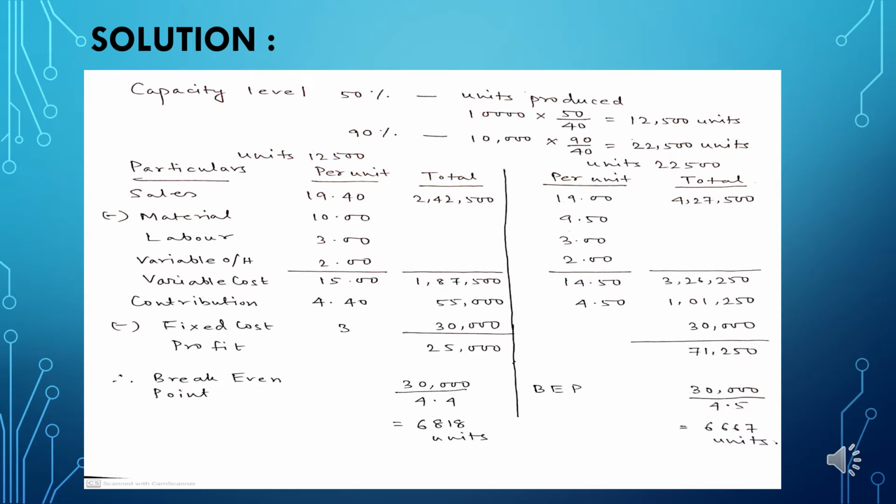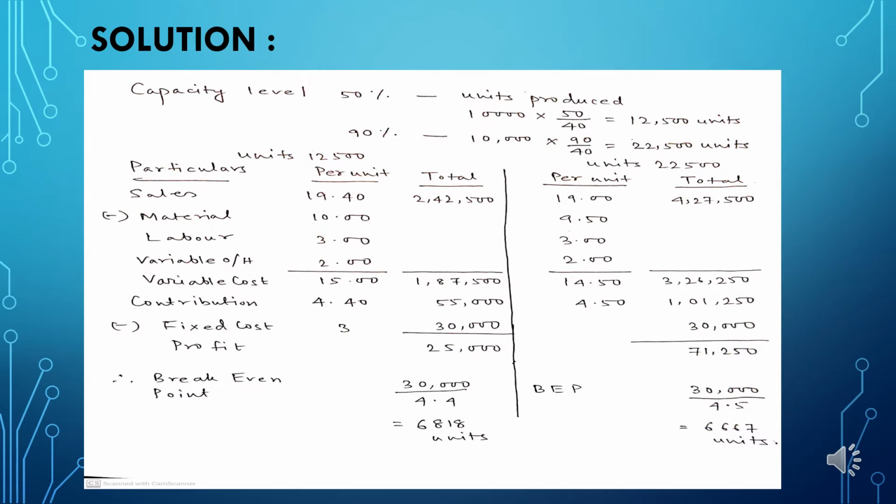Coming back to the solution part here, it was said in the sum that 40% capacity of that factory produces 10,000 units. So while working at 40%, the factory can manufacture 10,000 units, but we need to consider the factory operating at 50% and 90% capacity.